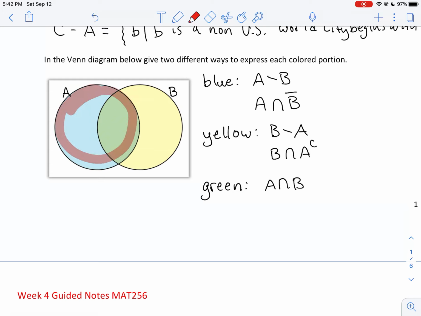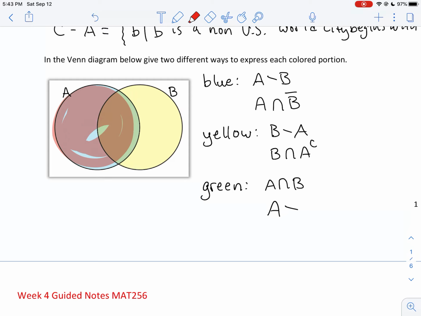And from that, I want to remove everything that's not in B. So we're starting with everything that's in A, and then what are we going to remove from that?